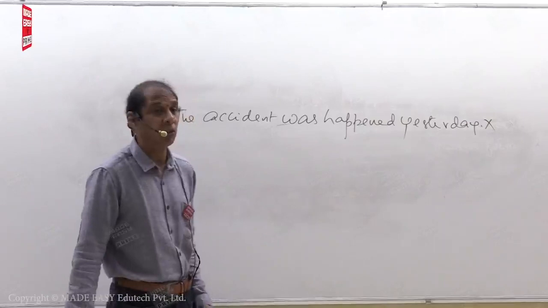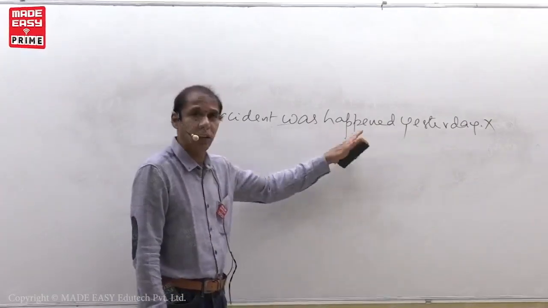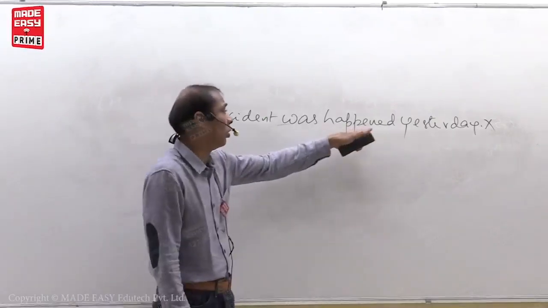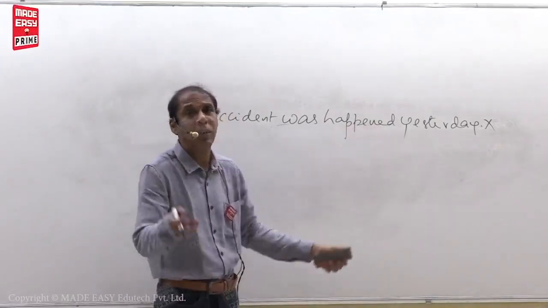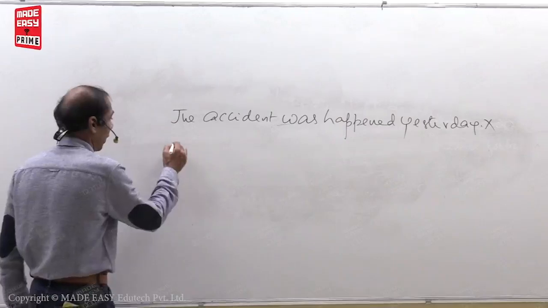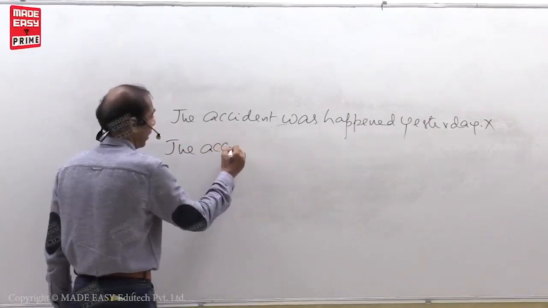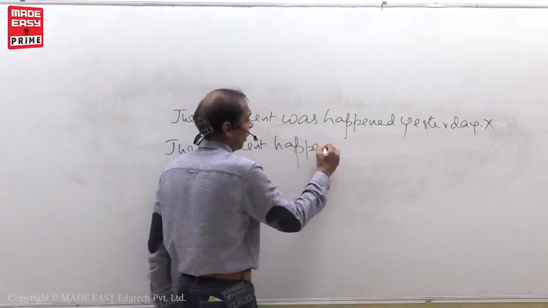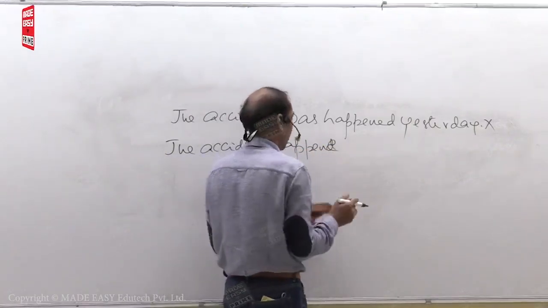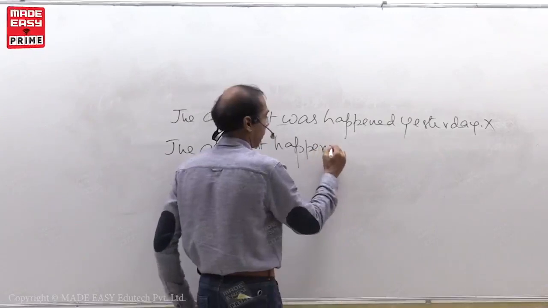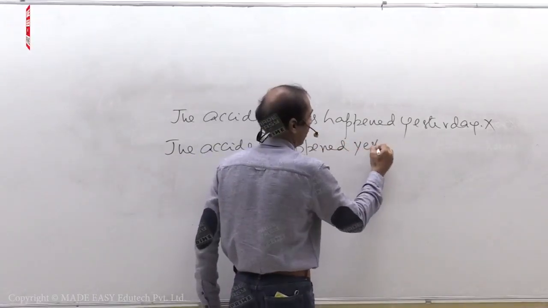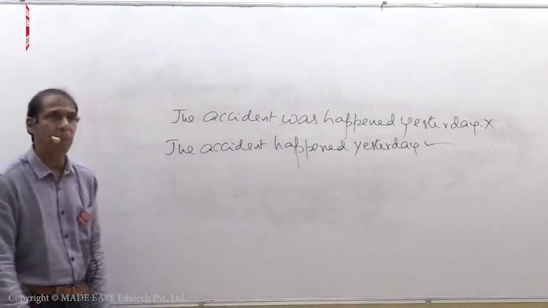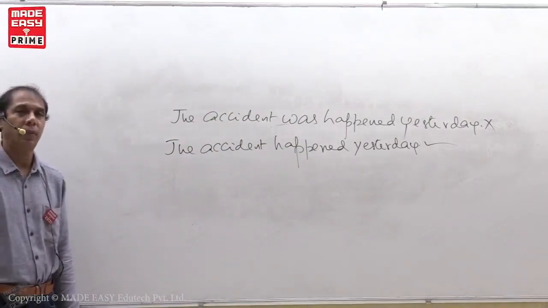Because what is passive voice? I told you be form plus V3. If we have be form plus V3, that is passive voice. So don't use the words happen and collapse in passive voice. How you have to say? The accident happened yesterday. That's all. The accident happened yesterday. That's it. Okay.